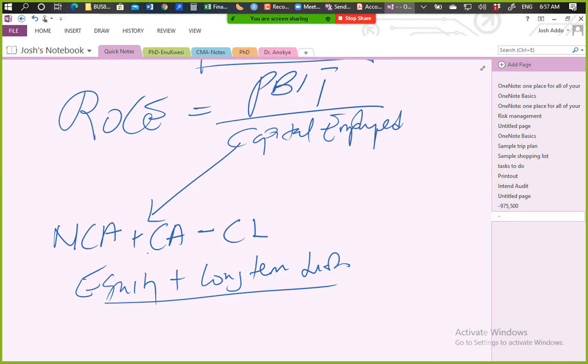So, depending on the information available to you, you may have to calculate the capital employed from either the top part of the balance sheet or the down part. Some questions may come where information on the assets may not be complete, but you have every information on equity and long-term liabilities. So you use that side to get your capital employed. Okay, so that's it.